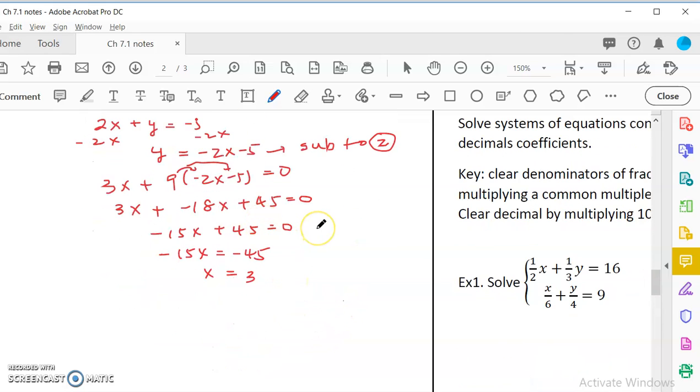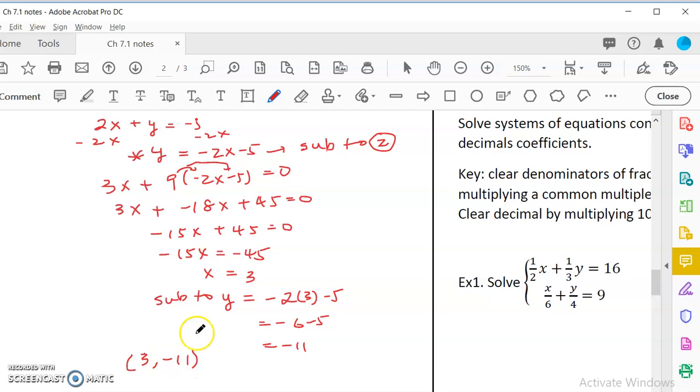After that, I need y also, but y is here, right? So substitute into y equal to negative 2 times 3 minus 5. So it will be negative 6 minus 5 equal to negative 11. So your answer is x is equal to 3, y is negative 11. So this is the answer. You write it as an ordered pair x, y.